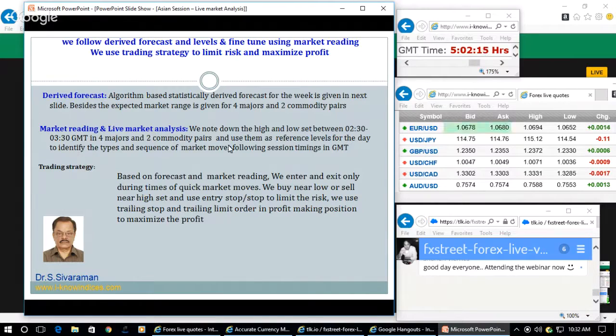And we do the market reading. In the event the market moves against the expectations of the forecast, then we need the market reading technique in order to fine-tune the forecast and understand how the market has deviated from the expectations, so that we will apply the trading strategy and consistently earn money from the market. We follow the forecast and take the positions.